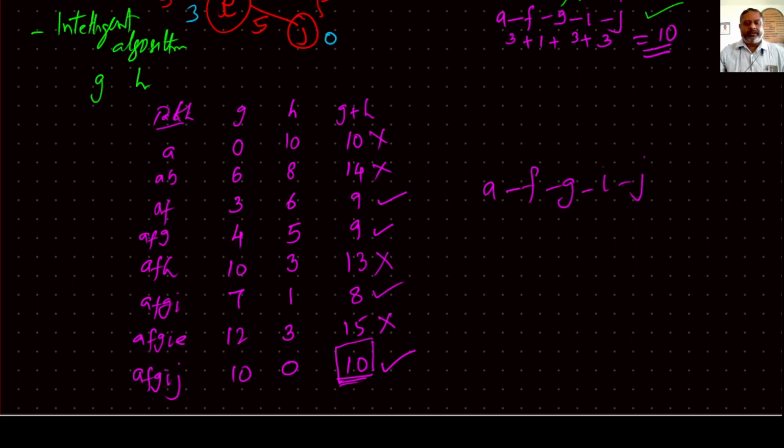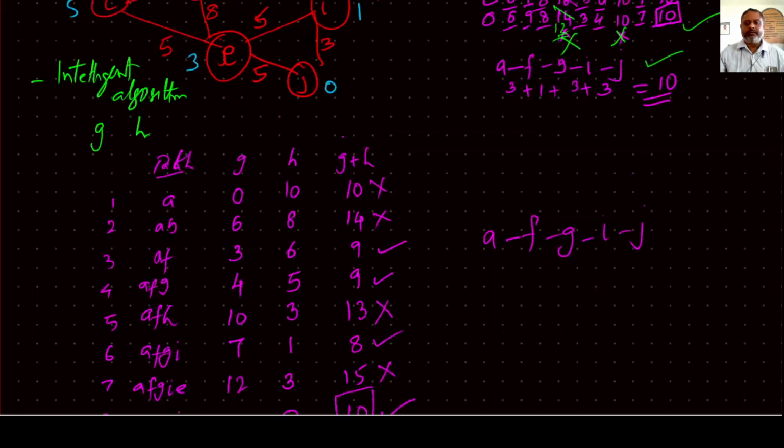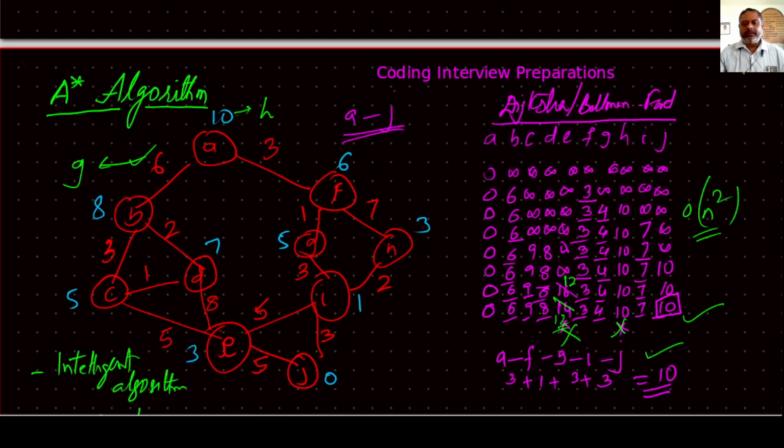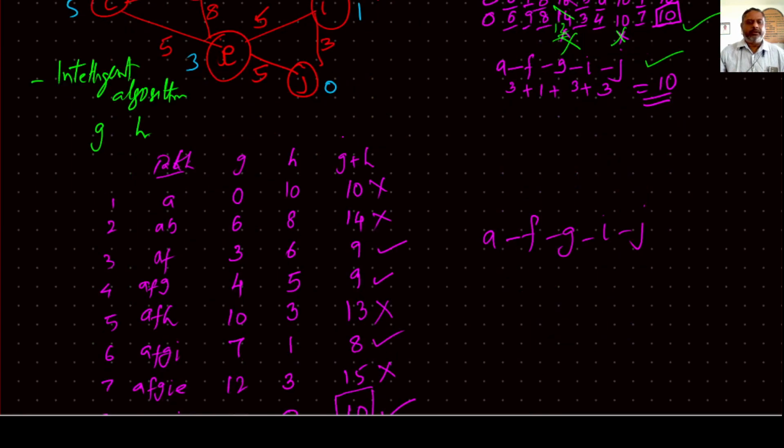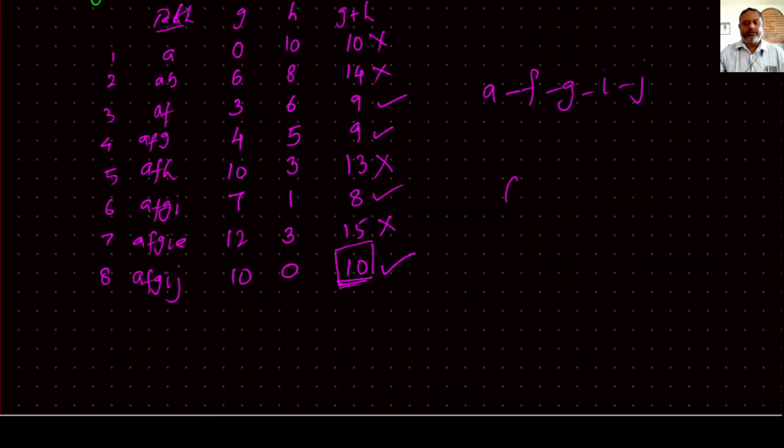So in doing that, how many steps did we take? 1, 2, 3, 4, 5, 6, 7, 8 steps. Whereas here it was order of n square, here it's going to be something of order n.